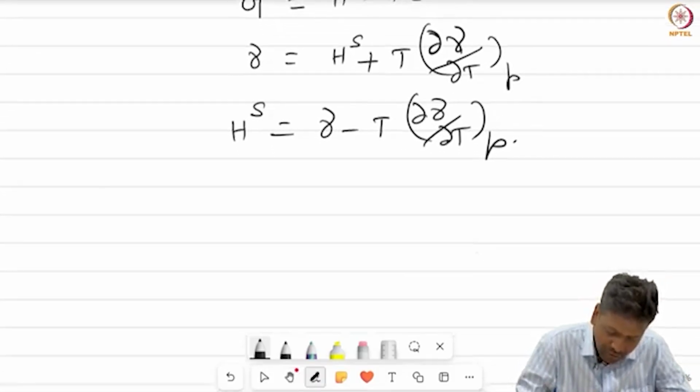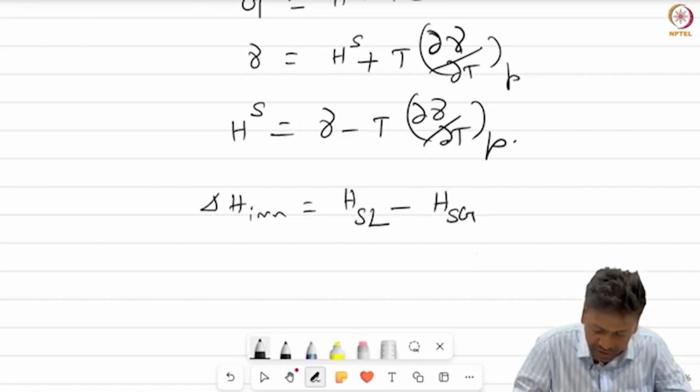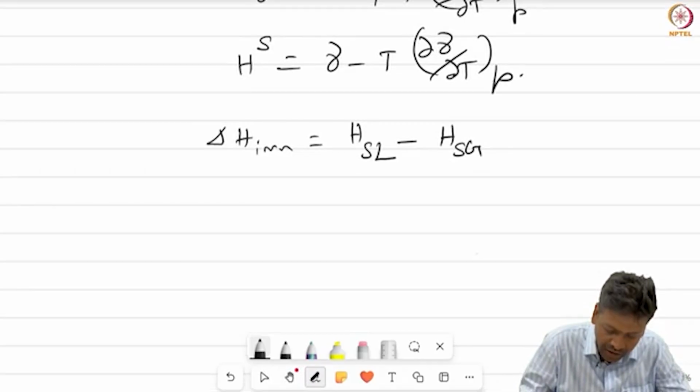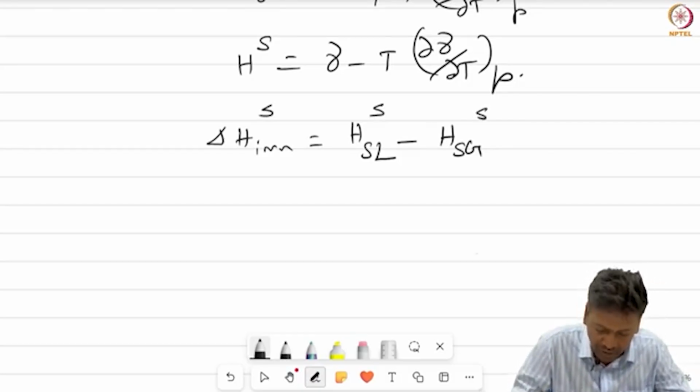Now we know H superscript S, but we are talking about delta H immersion, which is nothing but H wet, meaning subscript SL, minus H dry solid, which is subscript SG. If I specify delta H immersion superscript S, I will use the same notation for all the terms.